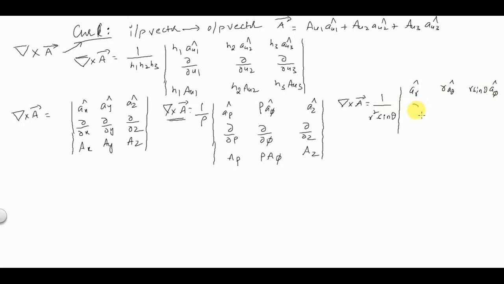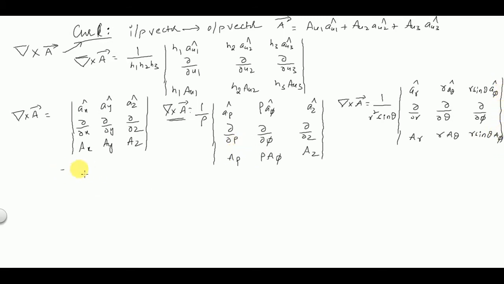Next is dou by dou r, dou by dou theta, dou by dou phi. In the last row, we'll get Ar, because h1 is equal to 1, and h2 is equal to r, so we'll get r into A theta. Similarly, this becomes r sine theta into A phi. So this is the determinant.